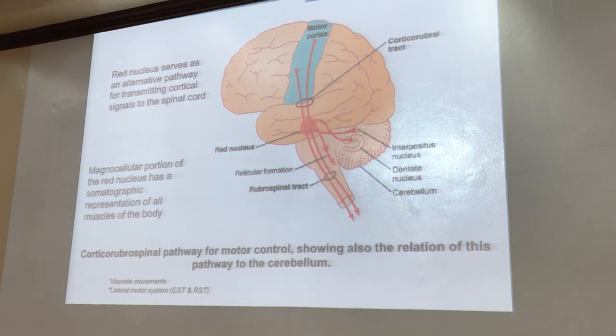Kaya, even if the pyramidal tract is impaired, when there are still attempts to cause movements, the signals will pass through the red nucleus, and then eventually it will end up in the spinal cord.